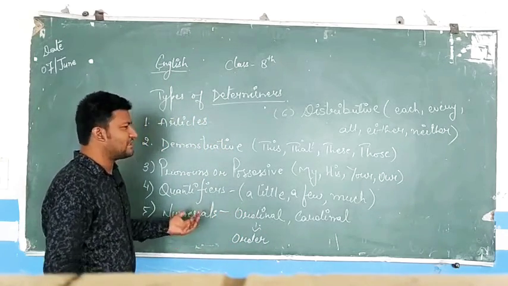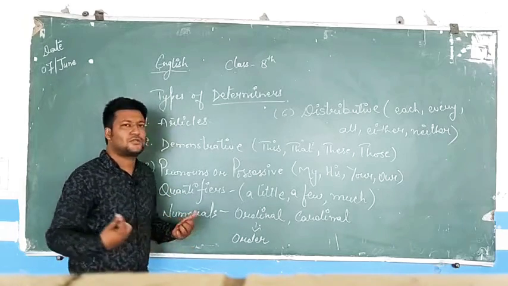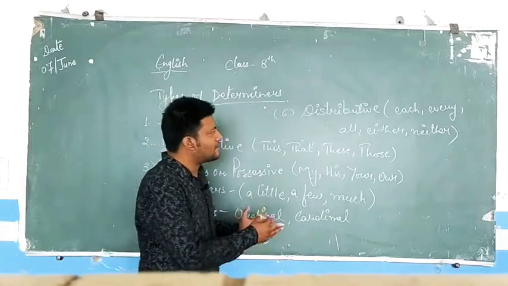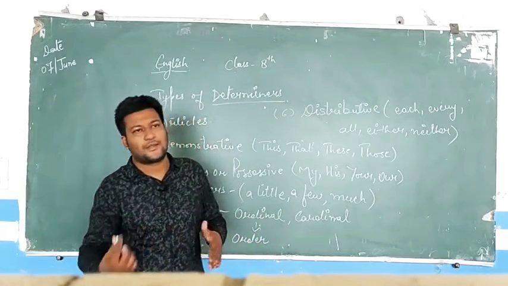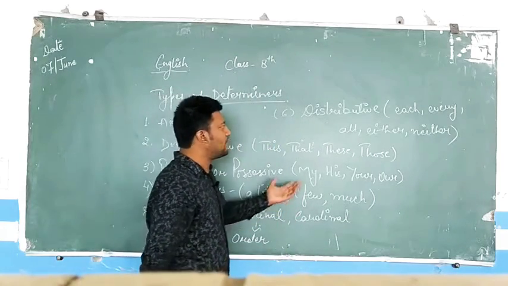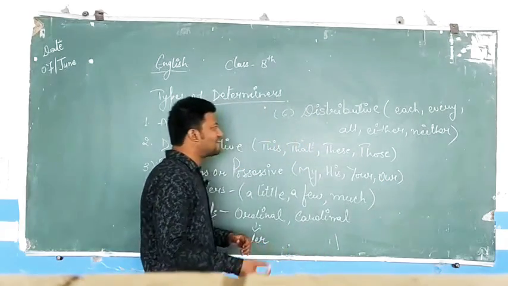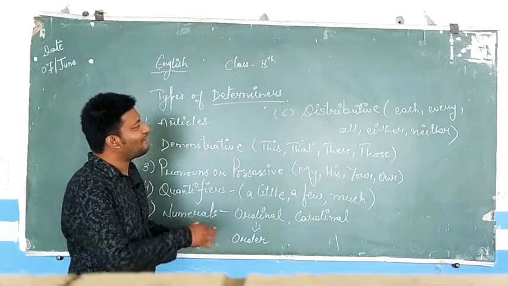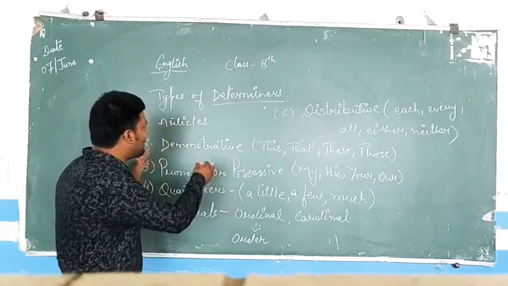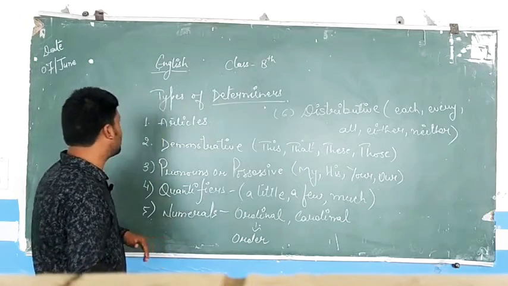Numerals, that is first, second, third, fourth, or simply numbers 1, 2, 3 or 4. Distributive, which distributes these sweets to each of the students, or either you will study, neither you will. So these are the things which we call determiners, which determine.